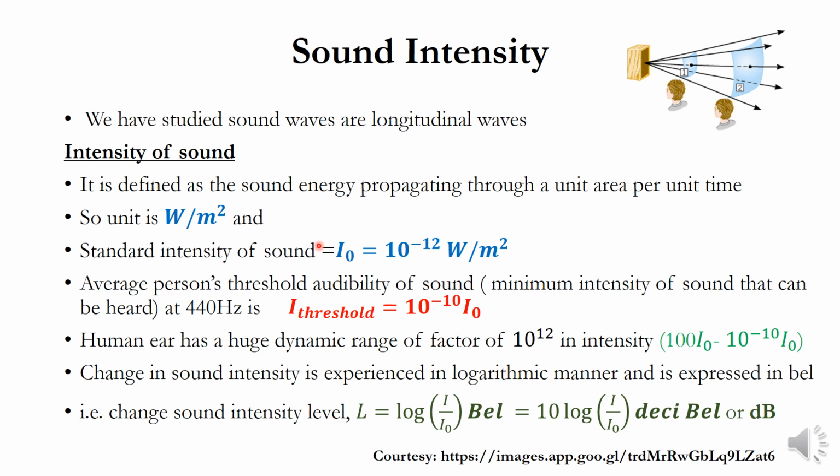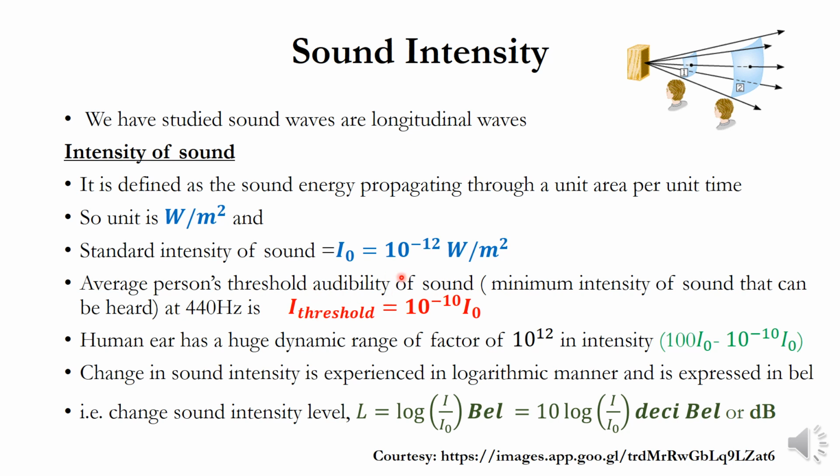Since the intensity of sound will be very small, a standard intensity is defined. The standard intensity of sound is I0 equal to 10 to the power minus 12 watt per meter square. Average person's threshold of audibility: threshold of audibility means the minimum intensity of sound that can be heard.